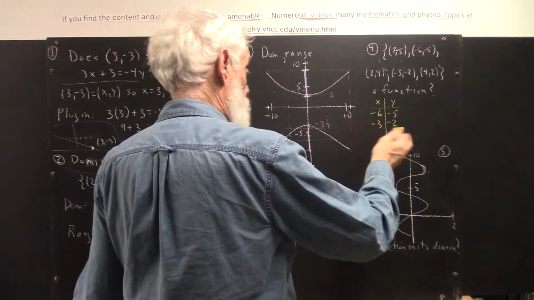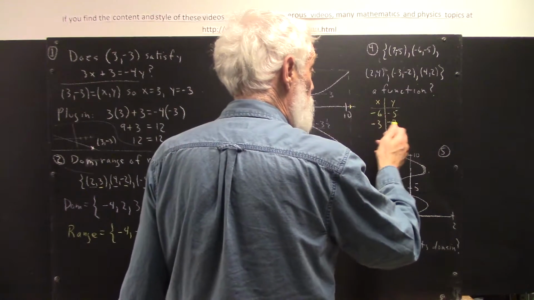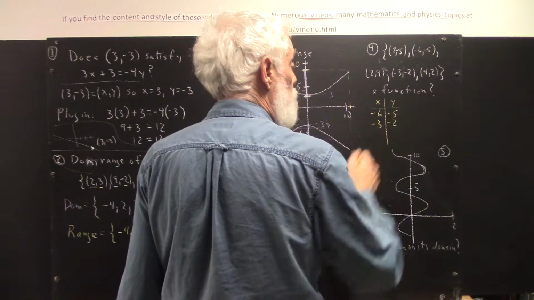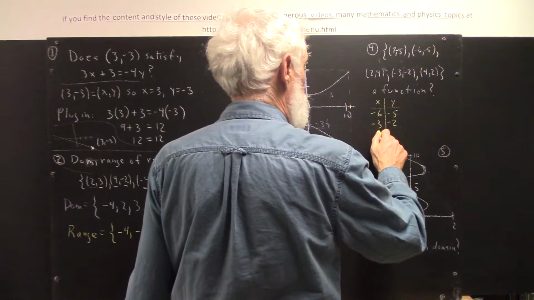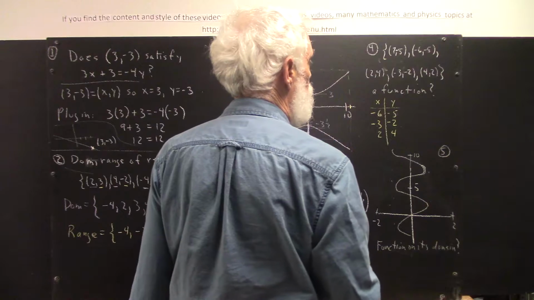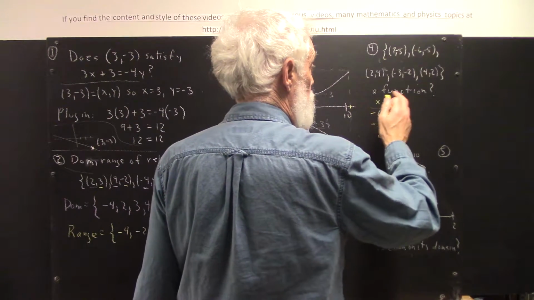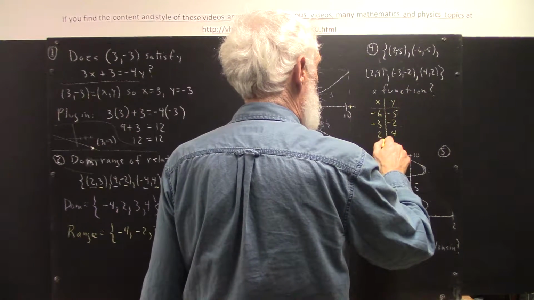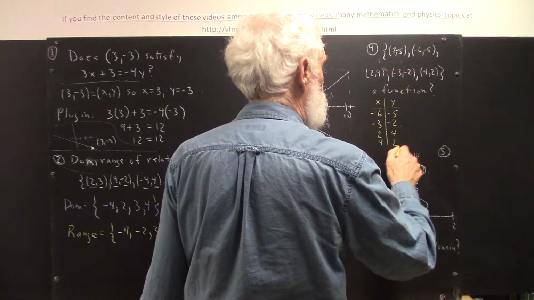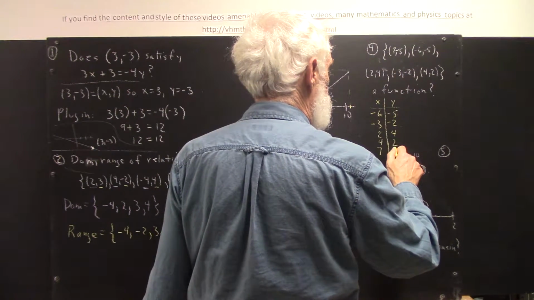Well, that's fine. We don't have any other negative 3's so far, at least. So there's no ambiguity about the value of y when x equals negative 3. The next value would be 2 and the y value is 4. Not a problem. The next value of x would be 4 and the y value would be 2. And we have x equal to 7 and the y value is negative 5.